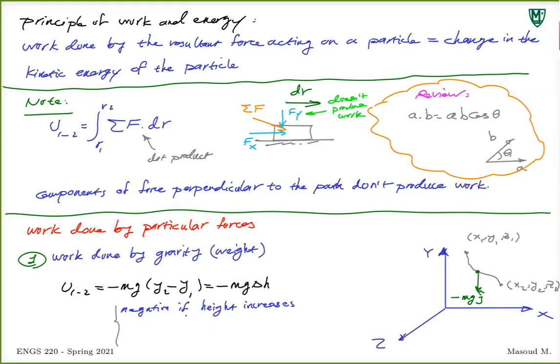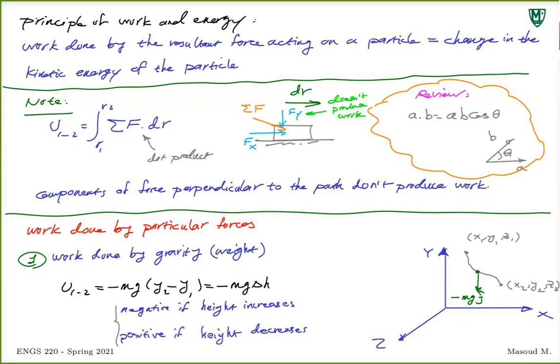And then negative multiplied by the negative in the back gives you positive. And it should be positive, and I'm talking about this part, positive if height decreases.